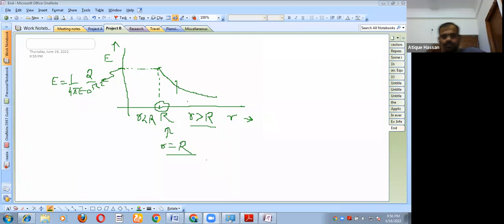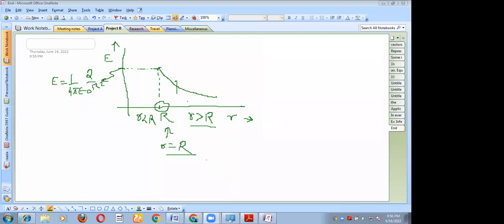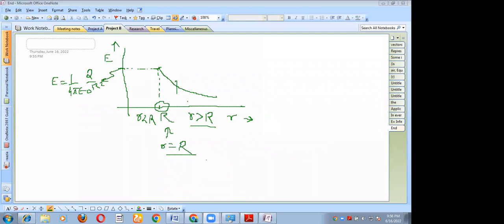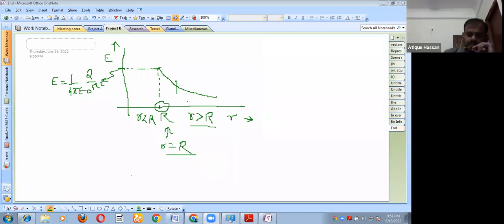Ma'am, have you understood this? Sir, could you explain this again? Shravya, have you got the graph? Okay. Can you please tell me where you are unable to understand, from which point, or should I explain the whole graph?